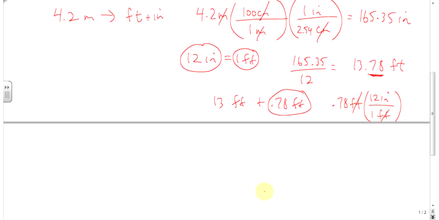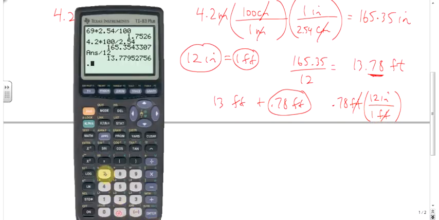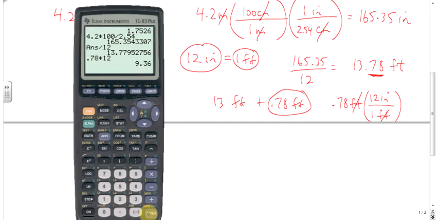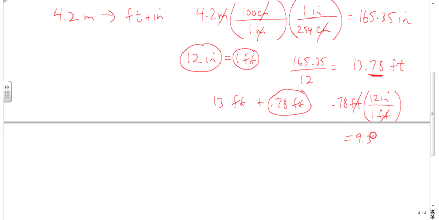That will give me inches. If I go 0.78 times 12 and I round that, that's 9.36 inches. Okay, rounded to the nearest inch, that's 9 inches. So my answer is 13 feet, 9 inches.